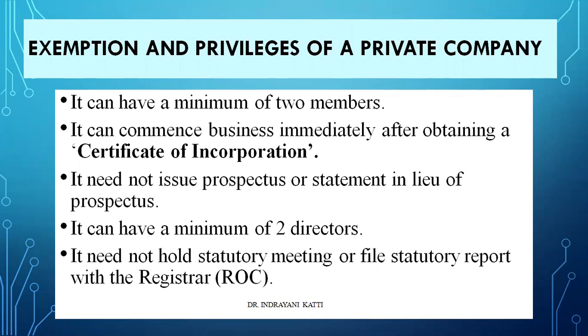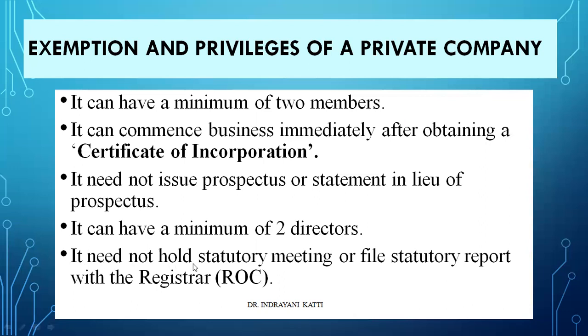Okay. And no need to issue any prospectus or a statement in lieu of prospectus. No need to prepare any prospectus or statement in lieu of prospectus for a private company. If it is a public company, then you will have to prepare, right? It can have a minimum number of directors. How many? 2, at least. Minimum number of directors is 2 for private company. If it is OPC, 1. Okay.